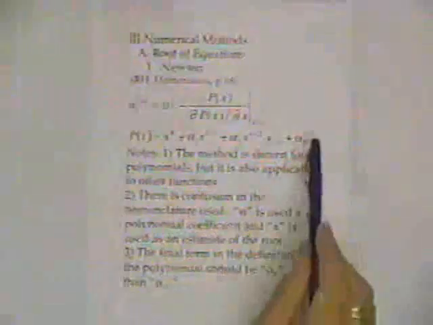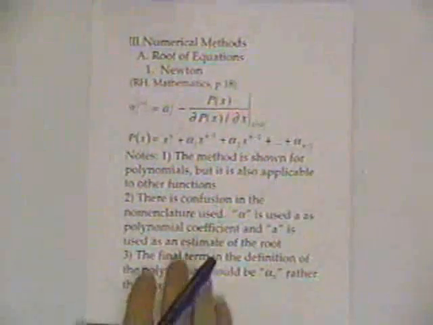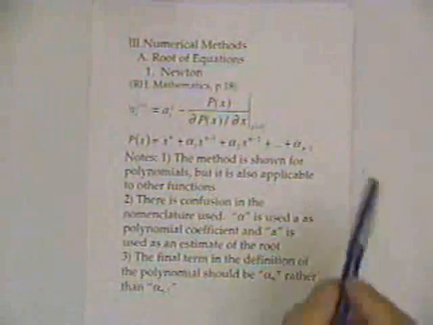The alphas represent known coefficients in the polynomial that you're trying to find the root for. Also, the last term is represented by alpha n minus 1, but it really should be alpha n. That's really not a big concern, but if you get involved in it, you may want to know that.